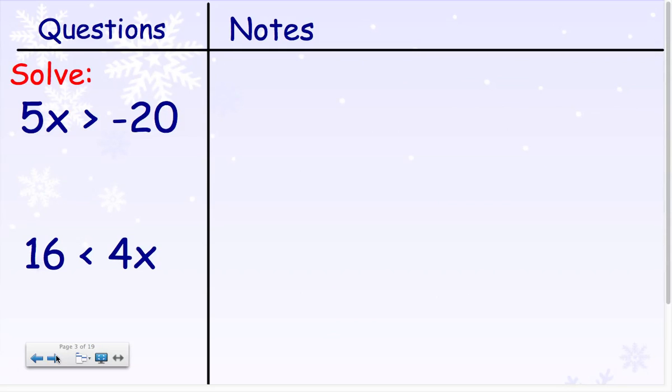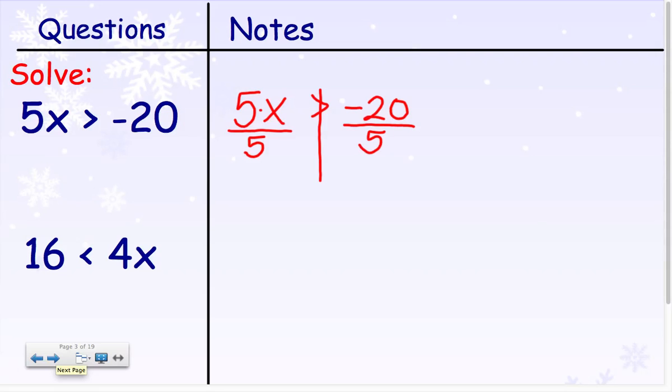So let's start here with 5x is greater than negative 20. Draw my train tracks. 5x is the same as 5 times x, so the opposite of timesing is dividing. Remember, our goal is to get x by itself. Now you have to ask yourself, what am I dividing by? I'm dividing by a positive 5, so I don't have to flip it.